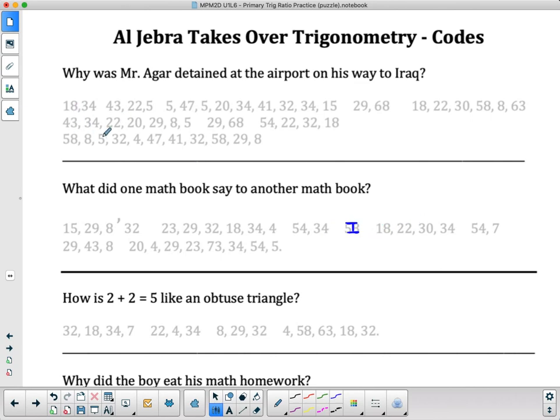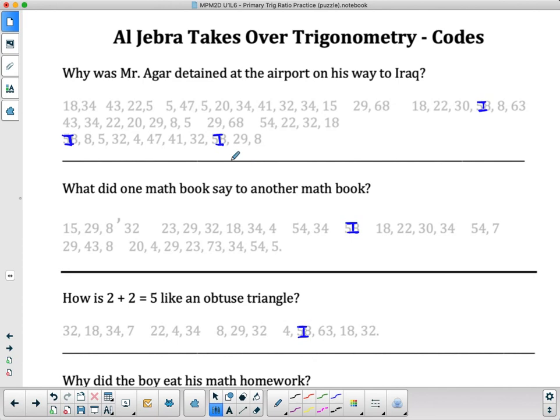So you can go through this whole thing, and anywhere you see a 58, you're going to put an I. There's another one. And another one. And so just keep doing that. Anywhere you see a 58, we're going to put an I.